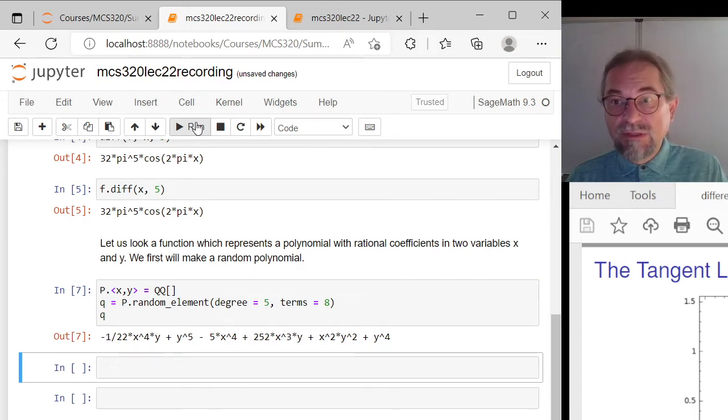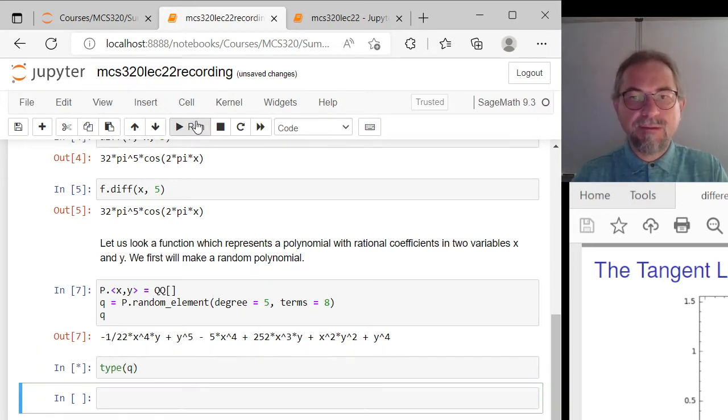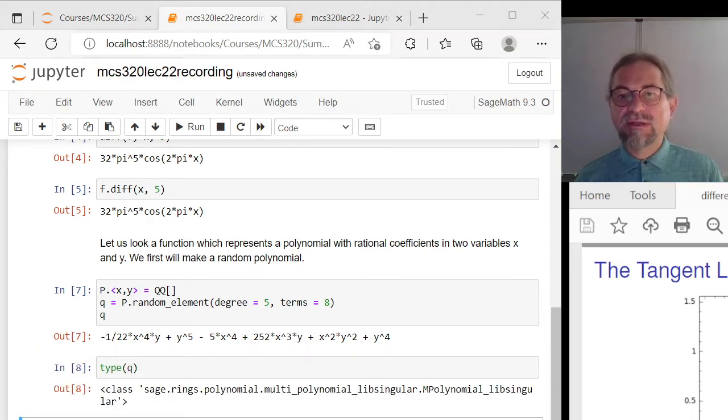So this gives me a polynomial, but I want to have a function, a proper SageMath function. So in order to do that, I need to convert this into an expression. So let me remind you that Q is not really an expression.